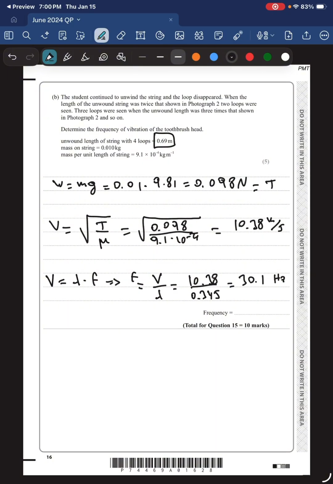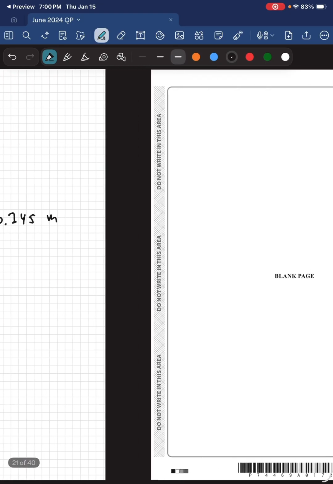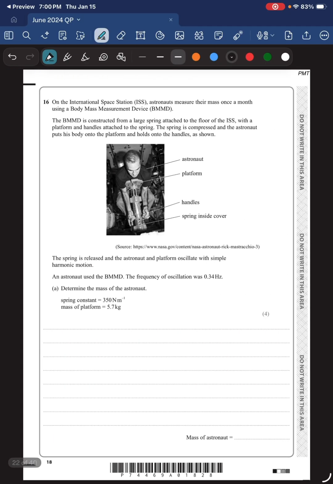This was question 15. Okay, let's move on to question 16. In the international A levels, it would appear, a similar problem like this can appear in Unit 4. On the International Space Station, astronauts measure their mass once a month using a body mass measurement device, BMMD.